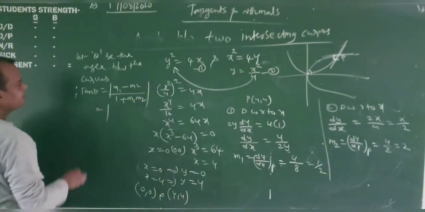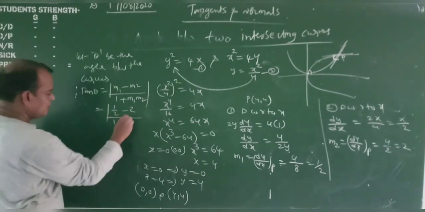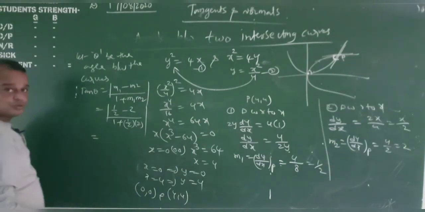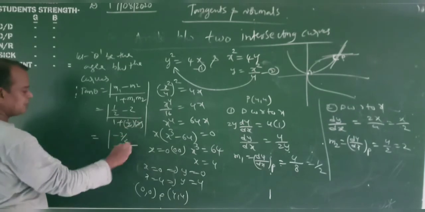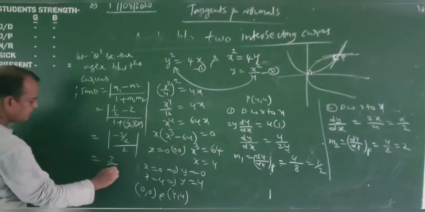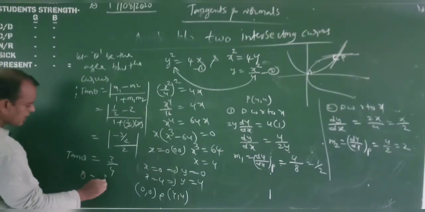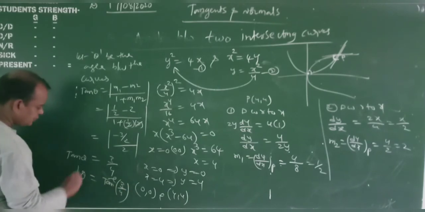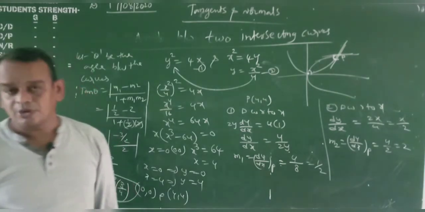Now m1 is 1 by 2, m2 is 2, so tan theta is (1 by 2 minus 2) by (1 plus 1 by 2 into 2). The numerator is minus 3 by 2, the denominator is 1 plus 1, which is 2. That equals 3 by 4. Tan theta is 3 by 4, so theta is equal to tan inverse of 3 by 4. This way we complete the problem.